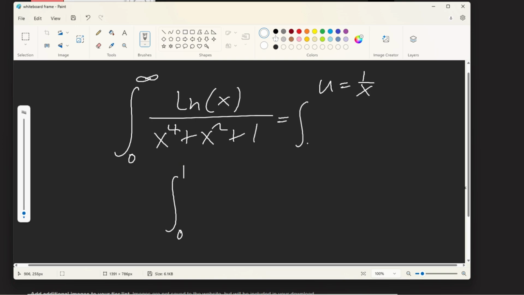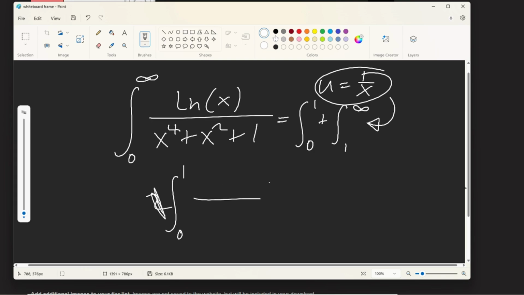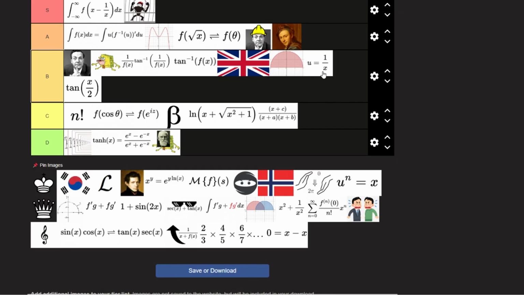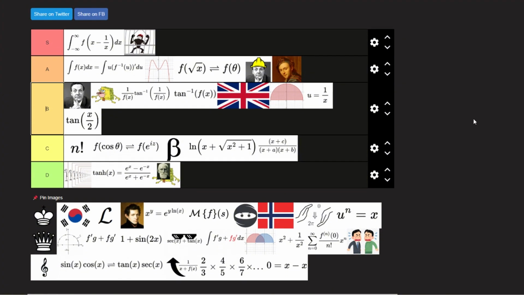So you would split this into 0 to 1, 1 to infinity, and then you use this on this integral to get this, or whatever. And then you have to use some Taylor series. It gets nasty real quick. So realistically, inversion is very helpful, but when it comes to upper level integration, it's a hassle. So I'm afraid I'm going to have to put it here for the sake of realism.